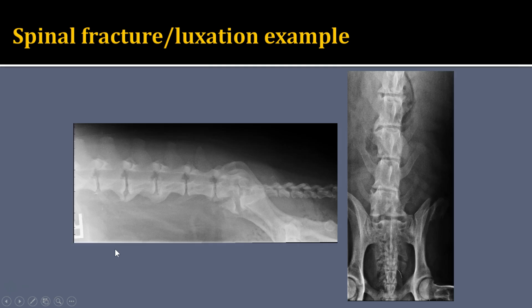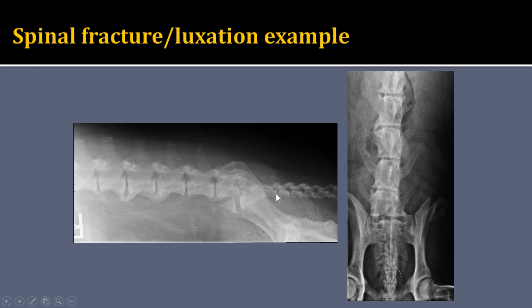On this patient, we also have orthogonal views of the caudal lumbar spine. And when I assess this patient, this one's a little bit more challenging, I think, to see the abnormality as we're doing our 3-pass method through our spine.